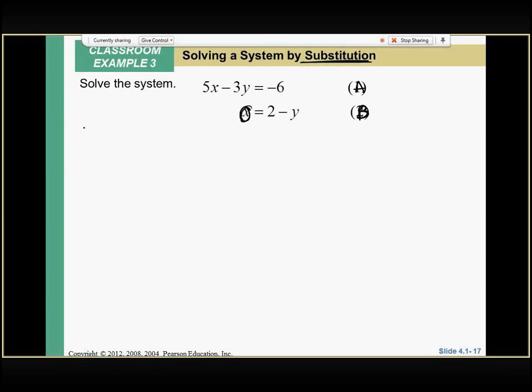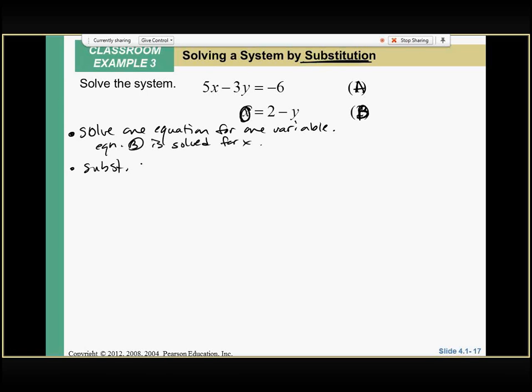So your first step is to solve one equation for one variable. So basically, equation B is already solved for x. Then your second step is to substitute that variable, and in our case, I'm just going to say x because it is x, into the other equation.